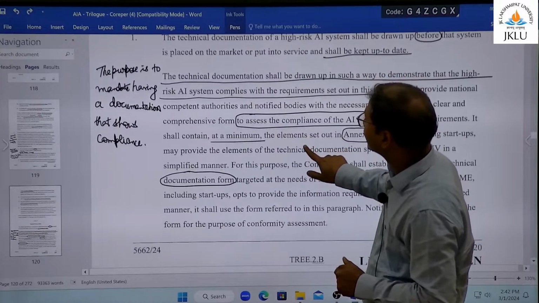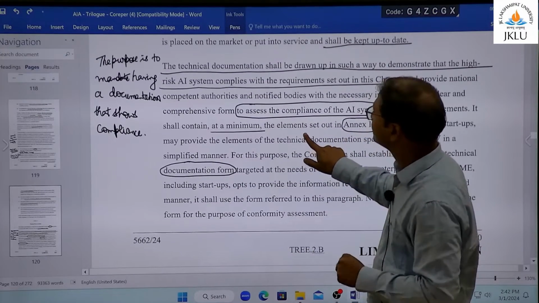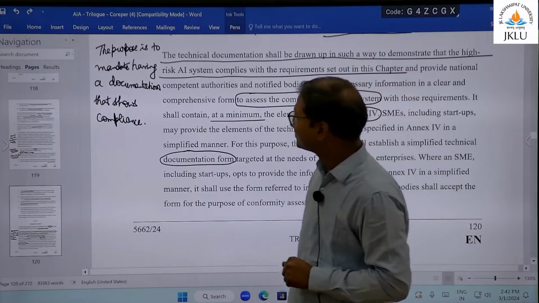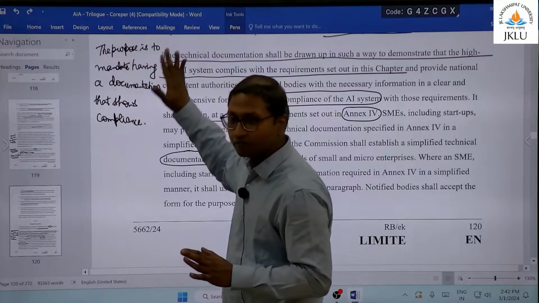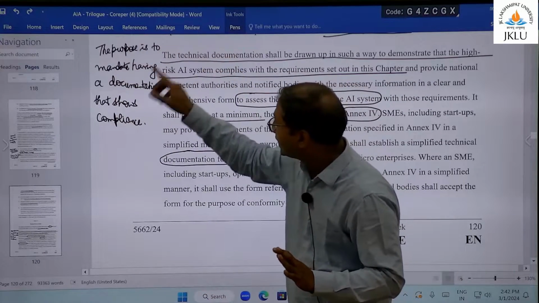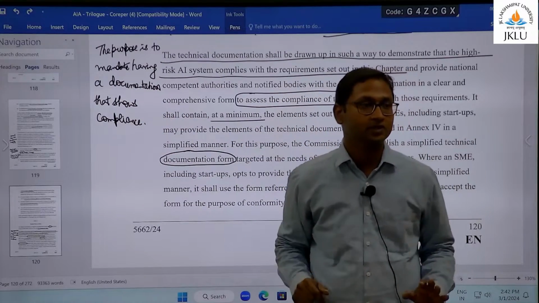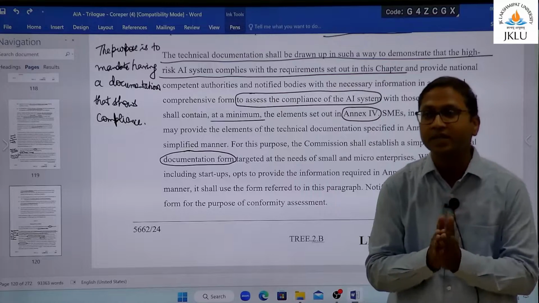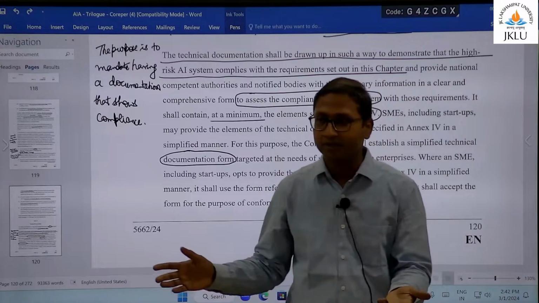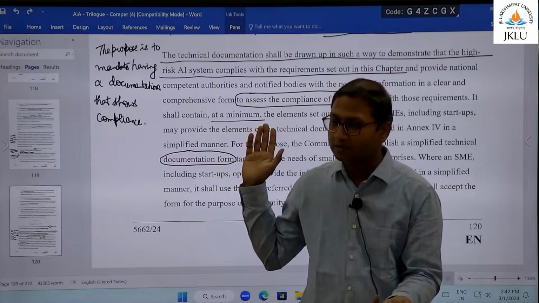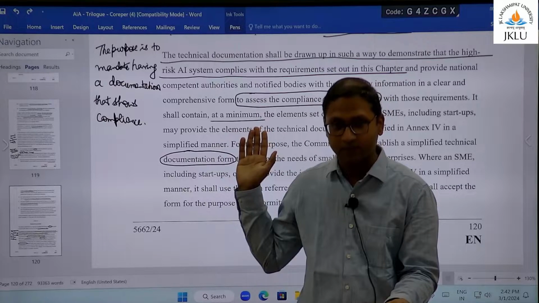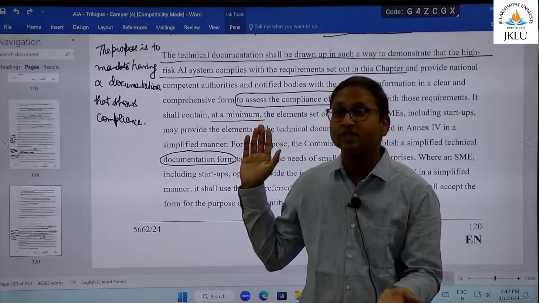All right, last article. So the purpose of this is to mandate having a documentation that shows compliance. Okay, you just can't say, see, we had made what was that? What was Article 9? Risk management system.